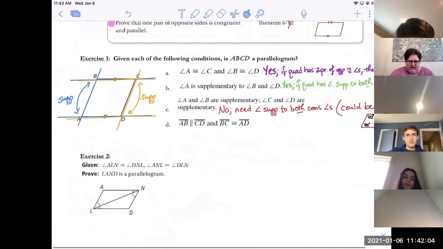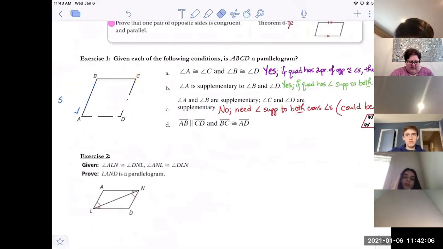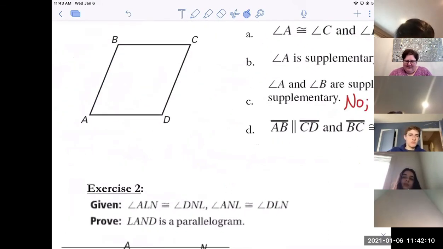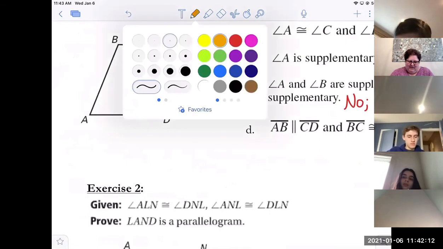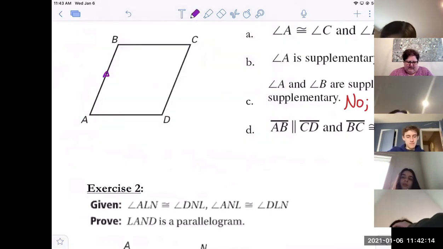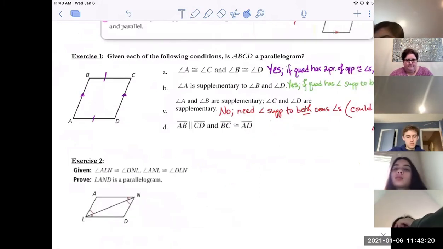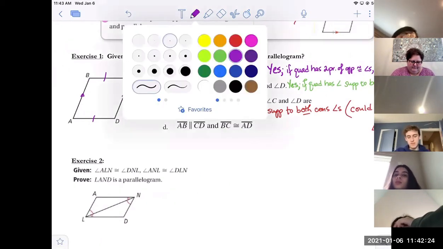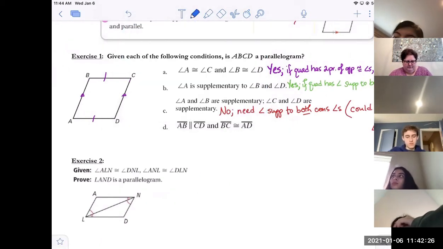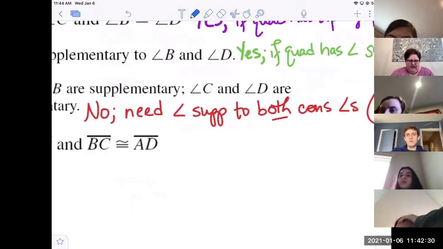Okay, and then Emmett, you said you were going to answer the last one. AB is parallel to CD, and then BC is congruent to AD. Yes or no? Yeah, I said no. Okay, can you tell me why?